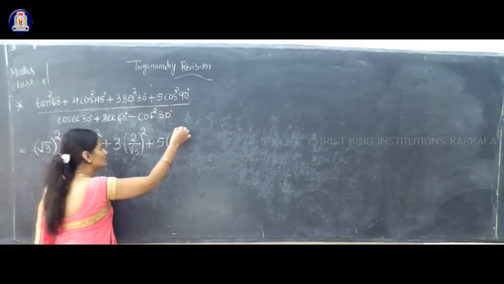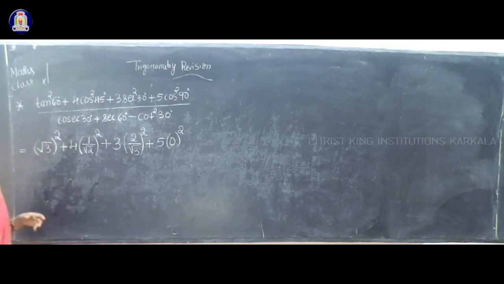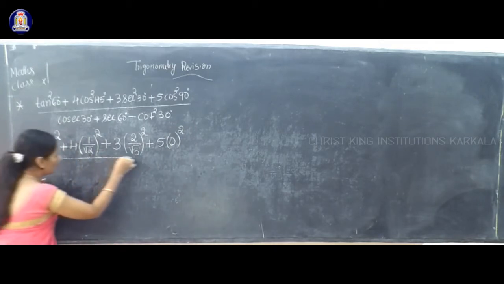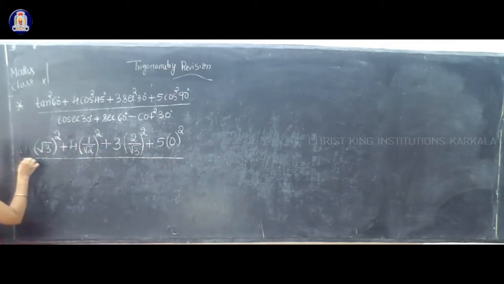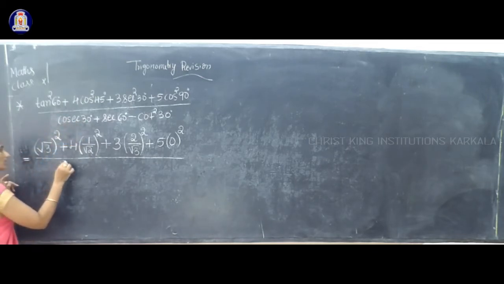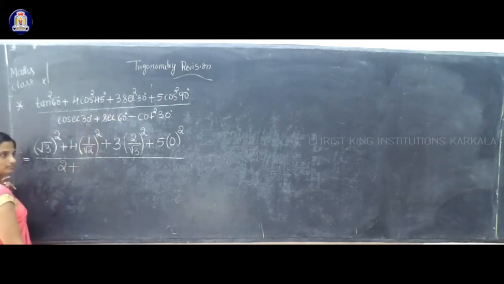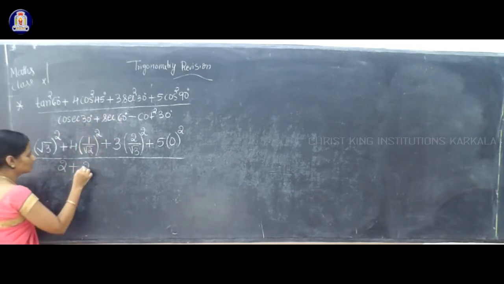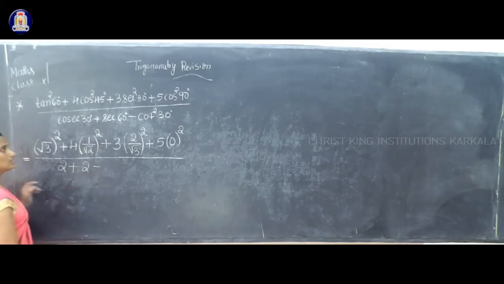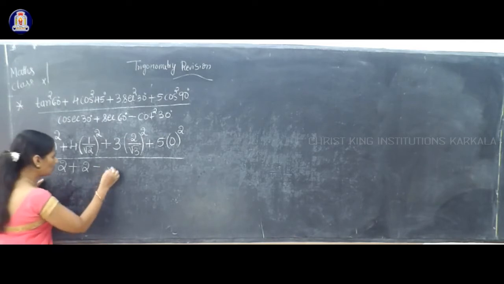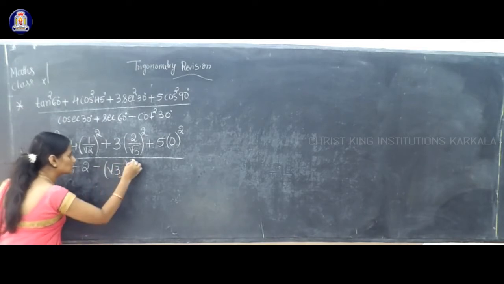Cos 90 is 0. So cos square is 0 square, whole divided by cosecant 30. Cosecant 30 is 2, plus secant 60. Secant 60 is 2, minus cot square 30, root 3 whole square.